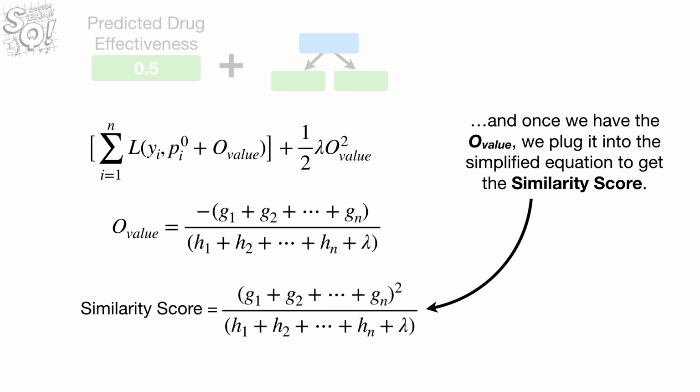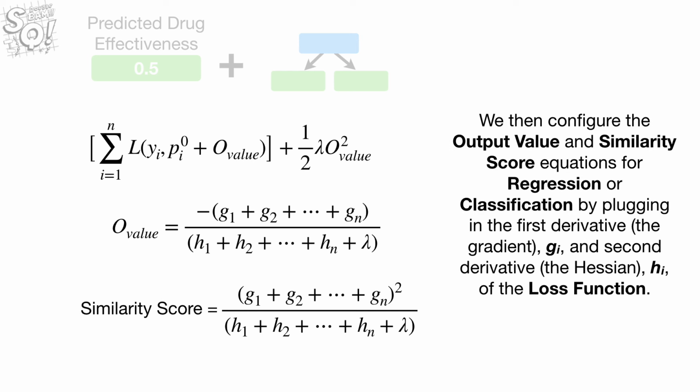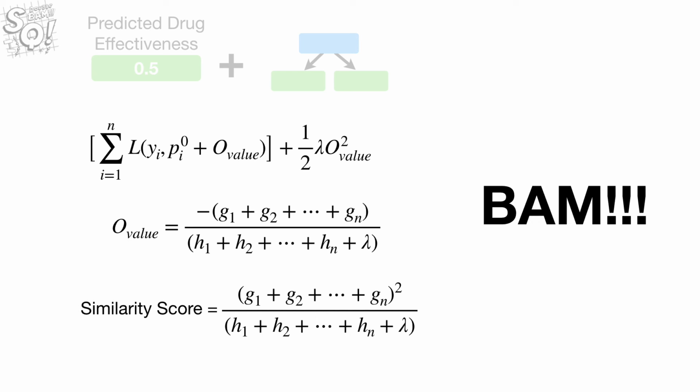And once we have the output value, we plug it into the simplified equation to get the similarity score. We then configure the output value and similarity score equations for regression or classification by plugging in the first derivative, g sub i, and the second derivative, h sub i, of the loss function. Bam!